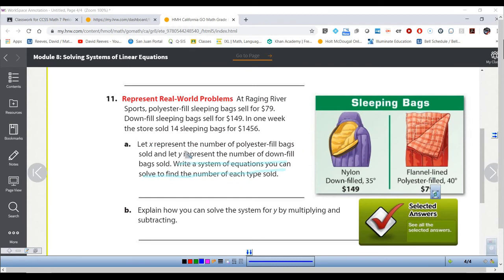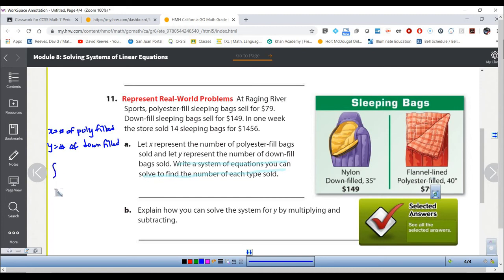So X is going to be the number of polyester filled. I'm just going to put poly filled. I hope that's okay with you guys, right? And Y is going to be the number of down filled. Okay, so what are we looking for?